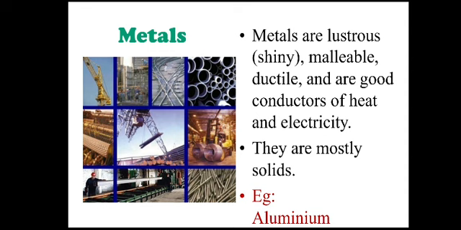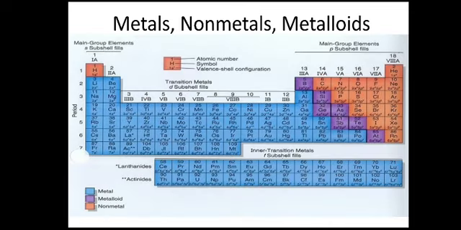Example, aluminium. Your aluminium sheets, copper wires, are they shiny? Yes. So, the elements in your periodic table are classified as metals and non-metals.